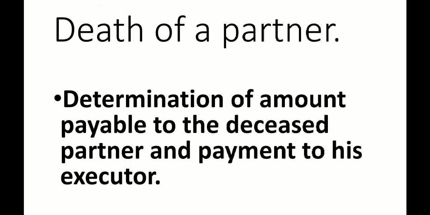So as I said, the topic for today is death of a partner. So far we have learned about retirement of a partner and we have solved the necessary sums. So the topic for today is death, that is when one of the partners meets death.